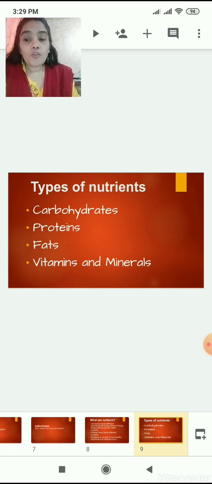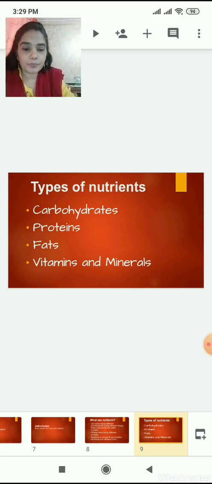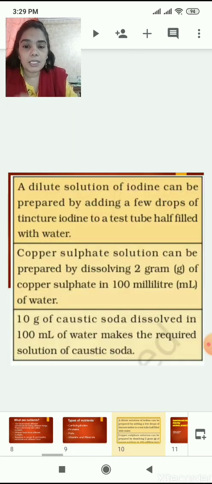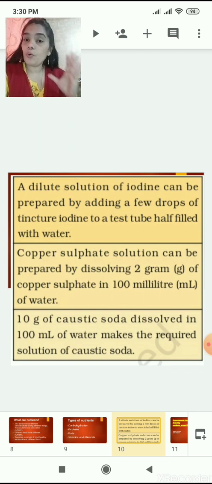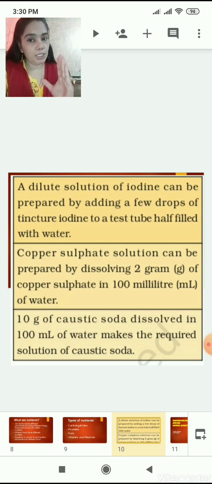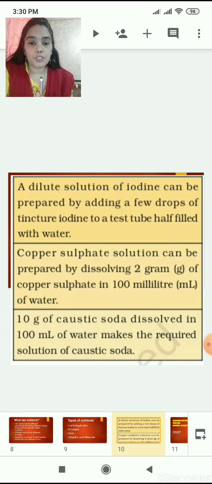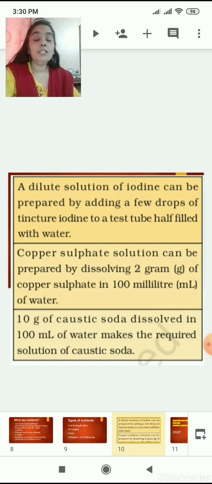So children, for carrying out these tests, you will need some solutions. In the laboratory there are many solutions already kept ready by the teachers. The first one is iodine solution, that is also diluted.